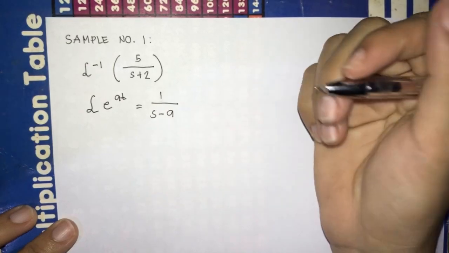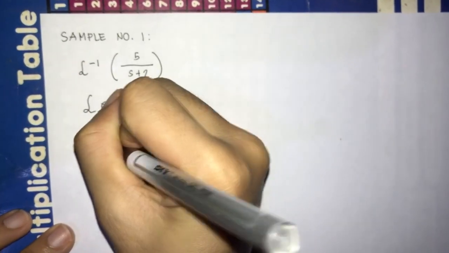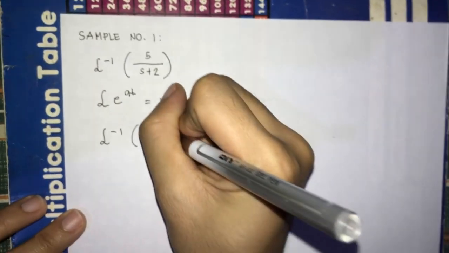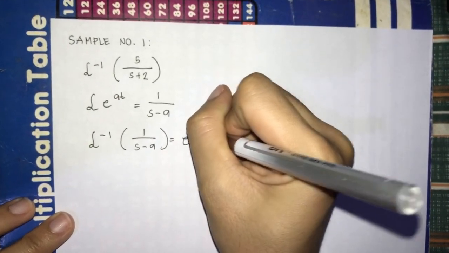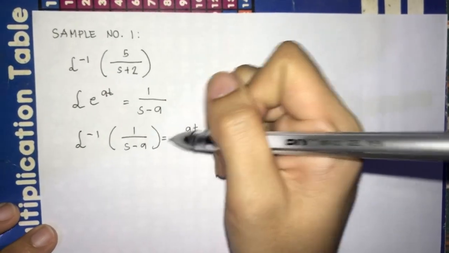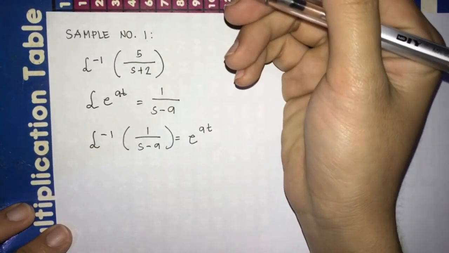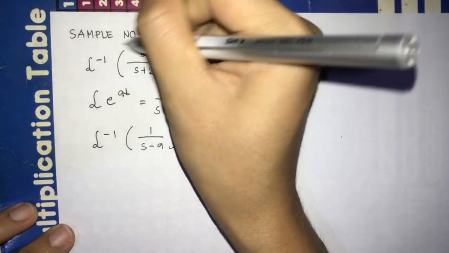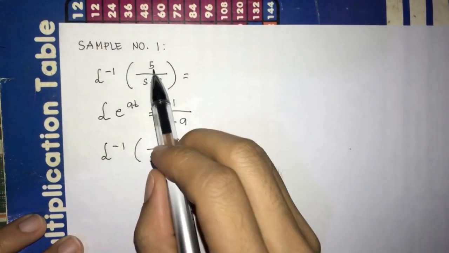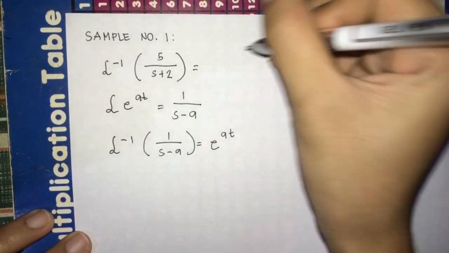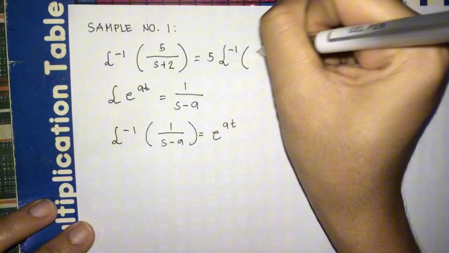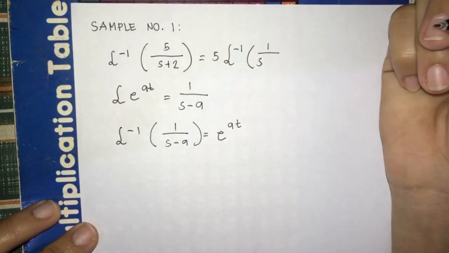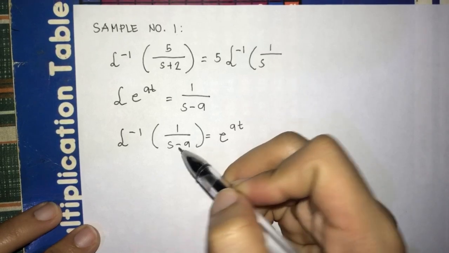So the inverse Laplace of 1 over s minus a is basically e raised to at. So here, 5 times the inverse Laplace of 1 over s minus negative 2, since a here is negative.